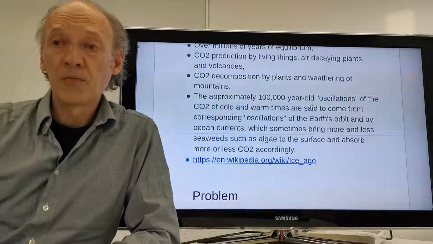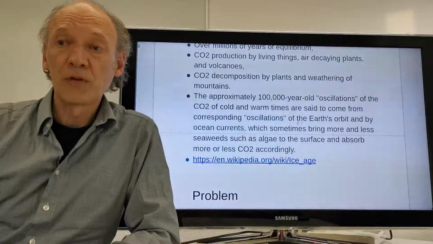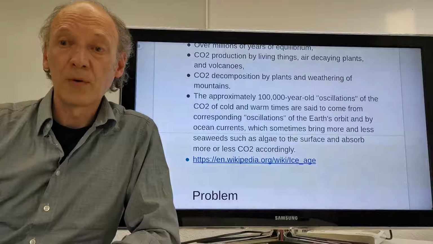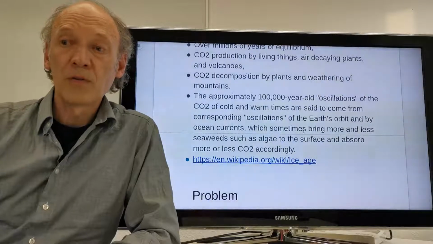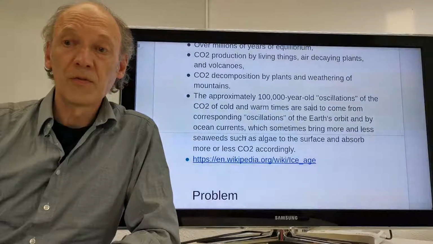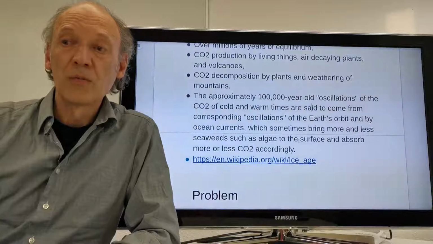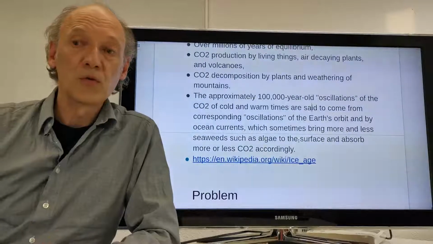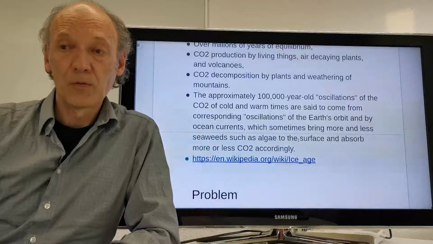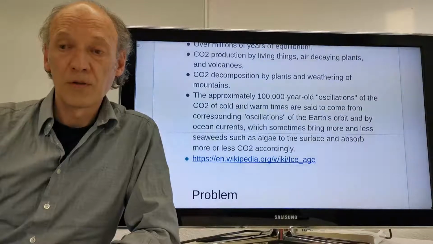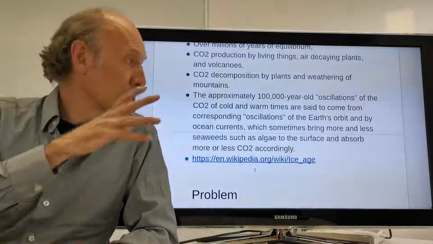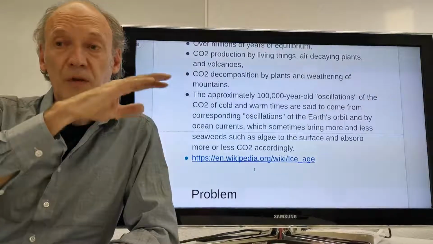They are said to come from corresponding oscillations of the Earth's orbit and from ocean currents, which sometimes bring more or less seaweed, such as algae, to the surface, which absorb more or less CO2 accordingly. So it can be read here. That's kind of a natural cycle, this up and down.